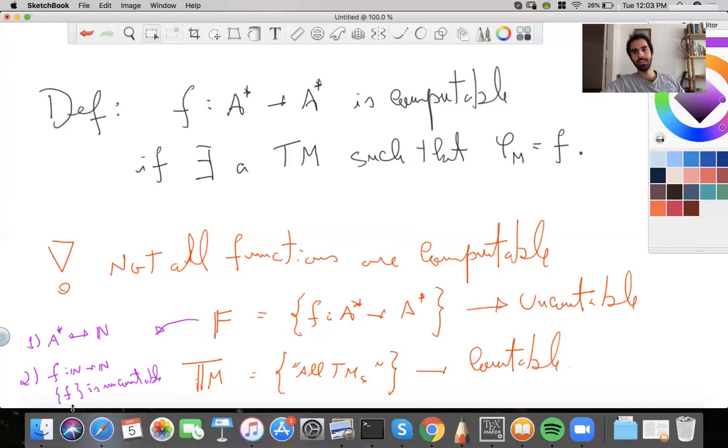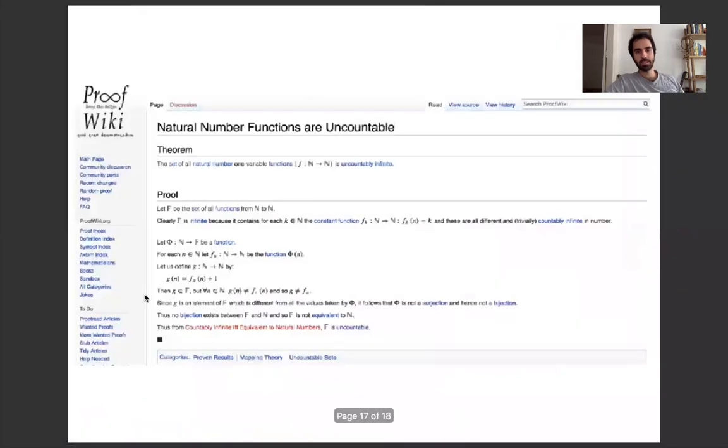By this I mean the set of all functions from the natural numbers to the natural numbers. Here's a proof of that, which I found on ProofWiki. I didn't know about this. The resolution is kind of bad, but I'm going to leave the page and the name here so that you can copy it and look at the proof if you want.